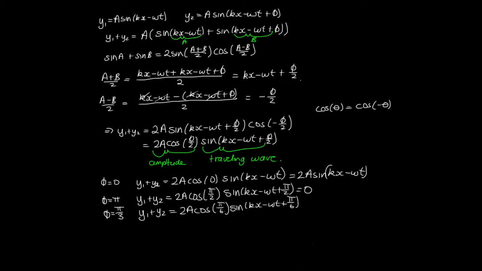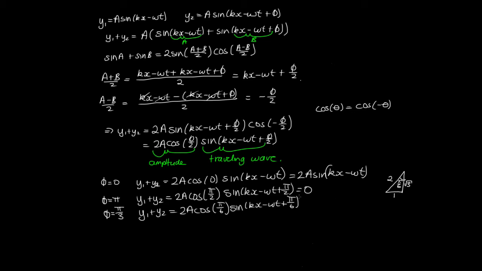Okay, now we can evaluate pi on 6. If you know much trigonometry, you'll know about these little triangles that you can do. And so we've got 30 degrees or pi on 6 up here. And for this triangle, this side has length 2, this side has length 1, and this side here has length root 3.